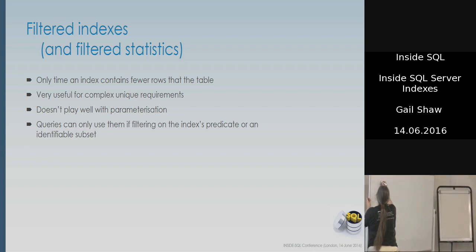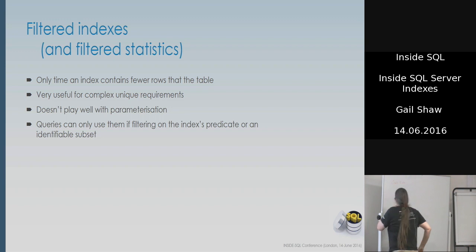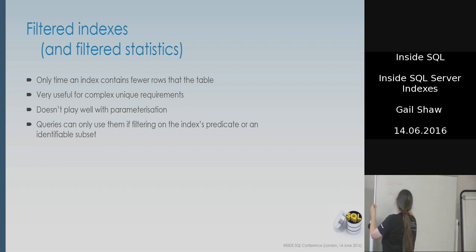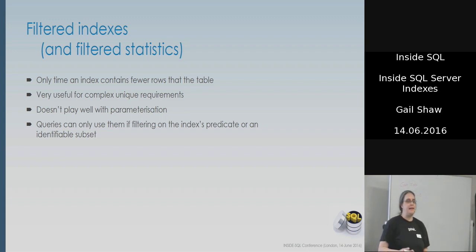So if I create an index and I specify where is deleted equals 0, and we will assume that is deleted is a bit, enforced not null, so it can only ever possibly be 1 or 0.